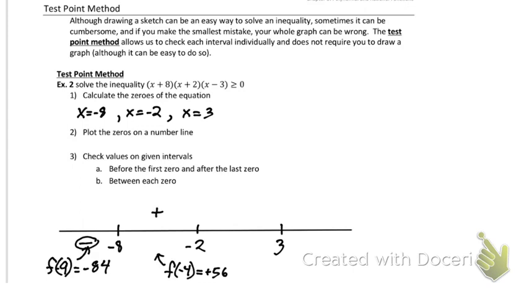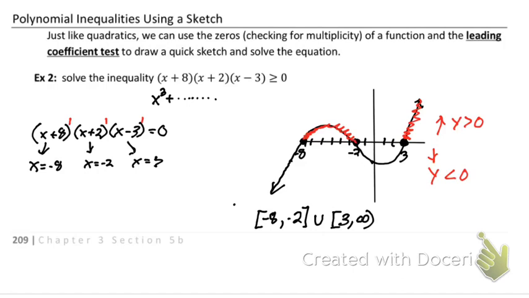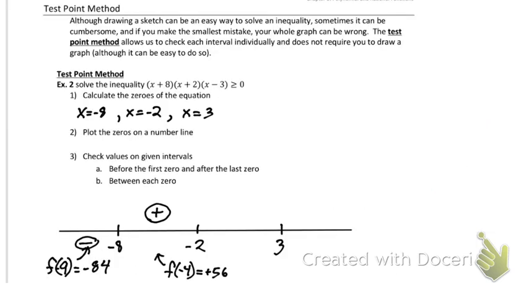It's supposed to be negative, right? Why is it supposed to be negative? Let's look at our graph. Oh, wait, no, that's right. It should be positive between there. So it's positive there.